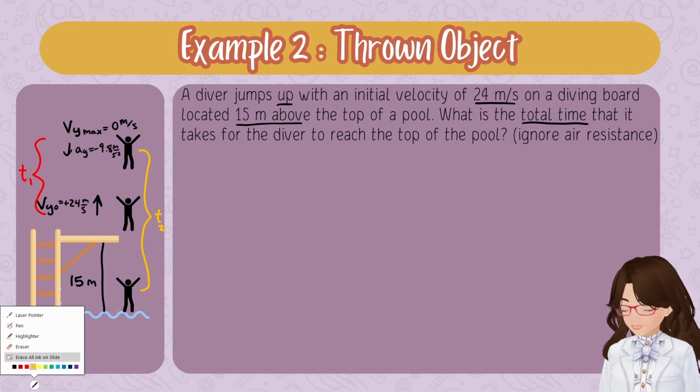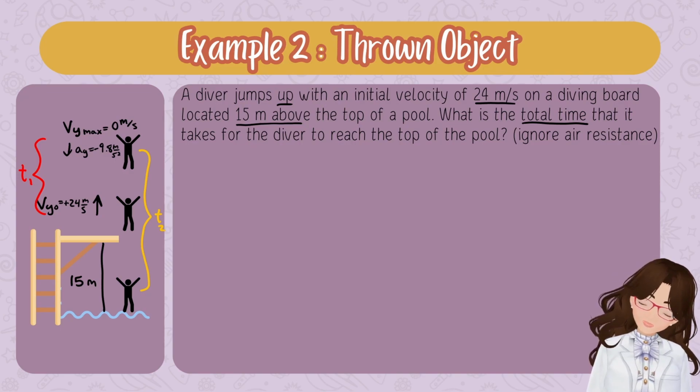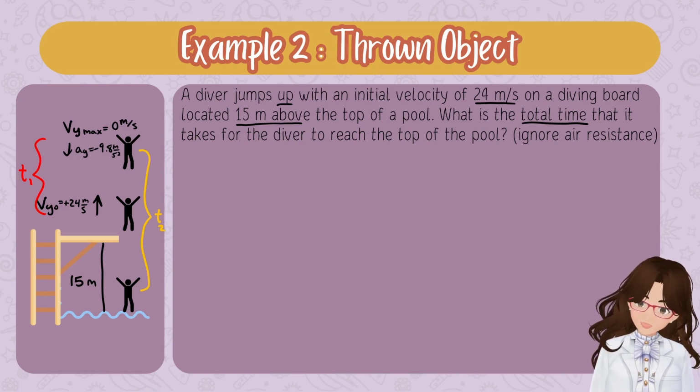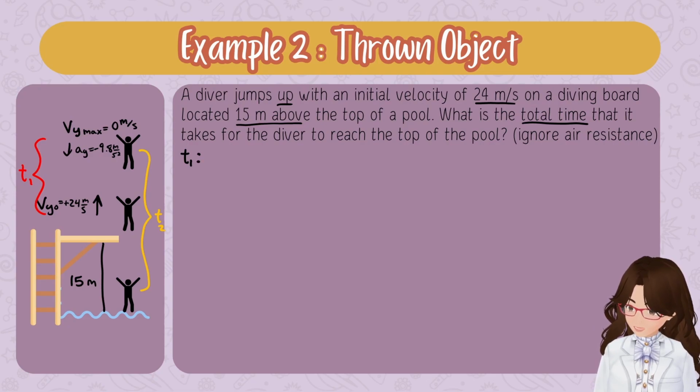Okay, so let's begin with the first part. In order for us to solve for the first piece, we need to figure out how long it takes for the diver to reach their maximum height, where we know their velocity at the top is 0. So first I'm going to solve for T1. In this case, I have the initial velocity, the final velocity, and the acceleration.